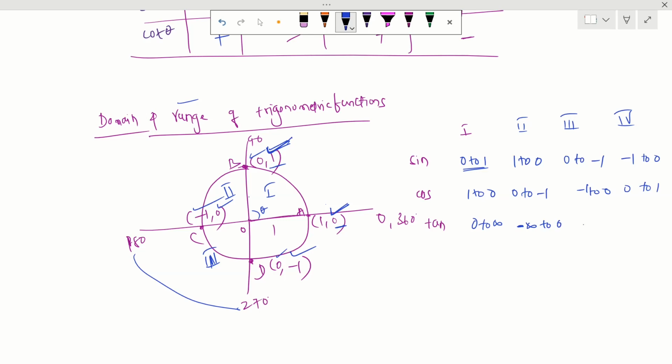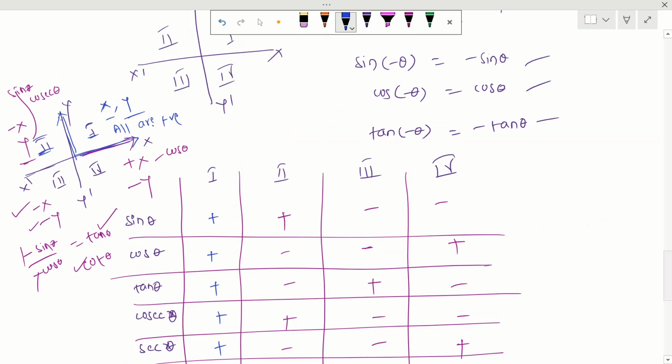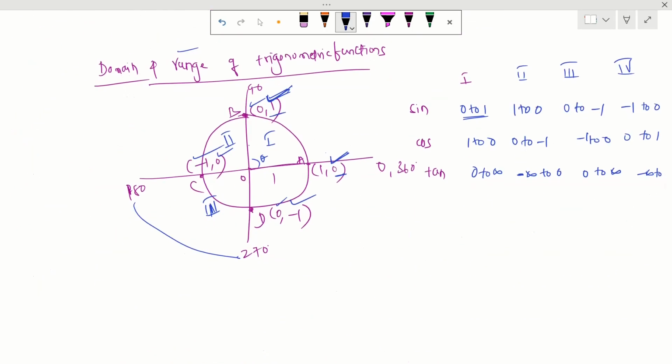In the third quadrant it goes from 0 to infinity. And in the fourth quadrant it goes from minus infinity to 0. You just take the reciprocal of that and you will understand minus infinity to 0.